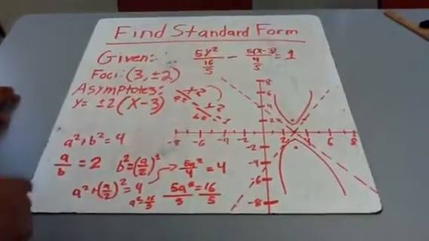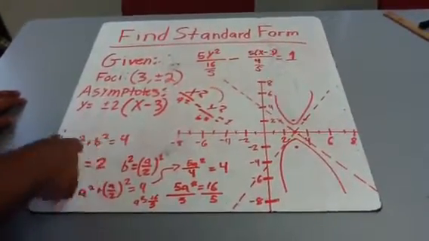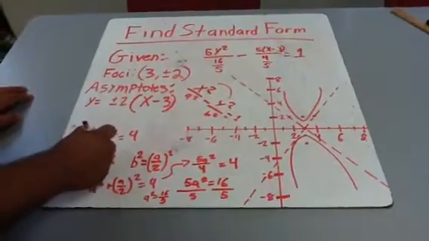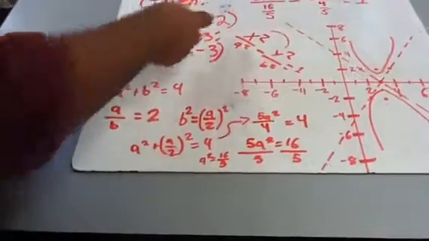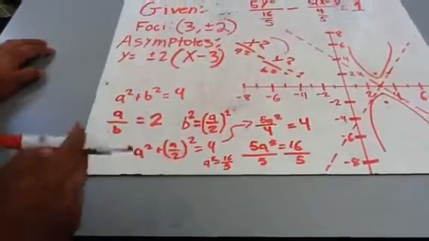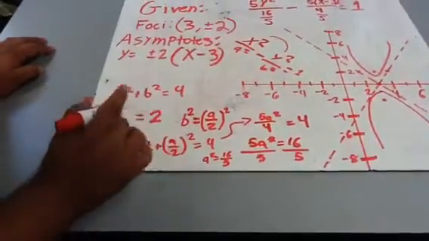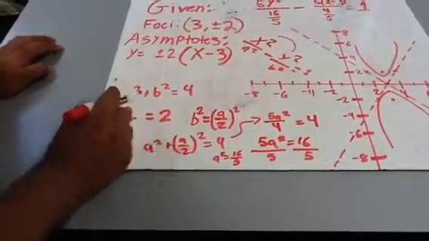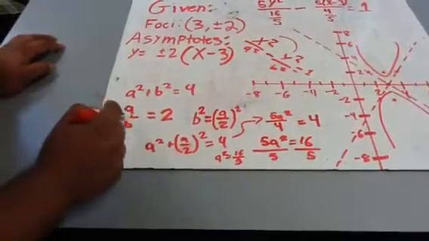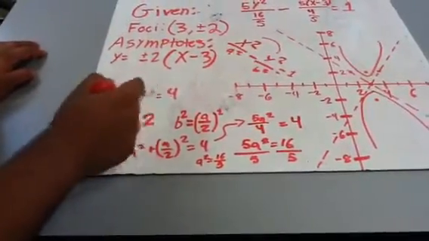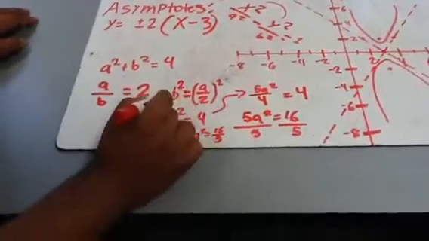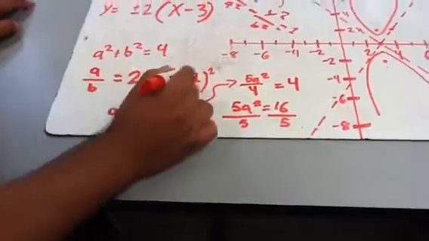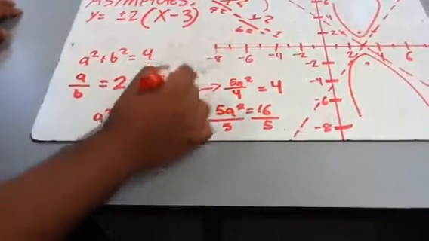Well, if we set up a Pythagorean theorem equation, we put a squared plus b squared equals 4, and it's given to us by this, we square it, and that gives us 4. We know this, that a over b equals 2, because that squared. And from there, we can tell that b squared equals a over 2 squared.